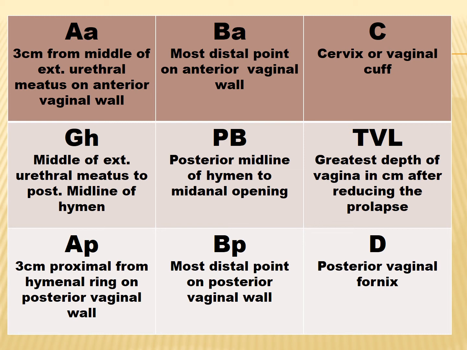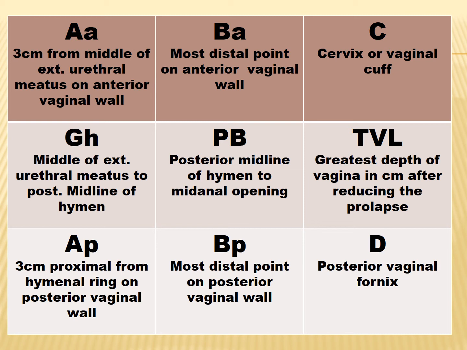Right. First one is genital hiatus. So how are you going to measure the genital hiatus? It is from the middle of the external urethral meatus to the posterior midline of the hymen. So this measurement is important. We should know how to measure it. Then perineal body, PB. So how are you going to measure the perineal body?